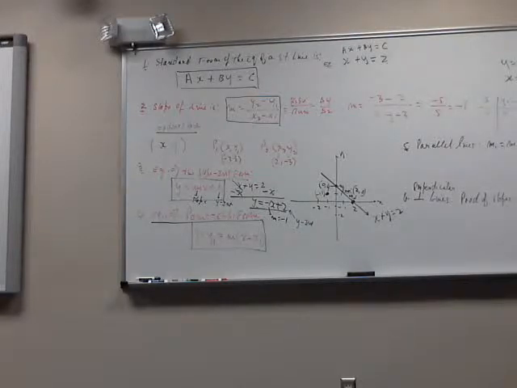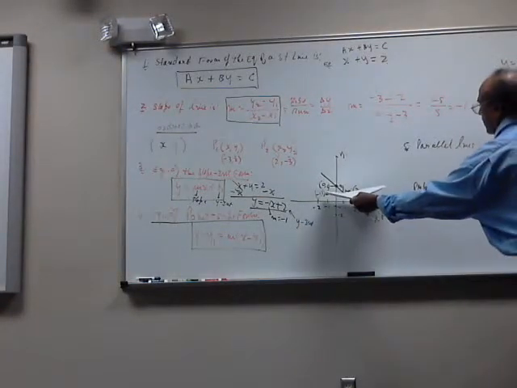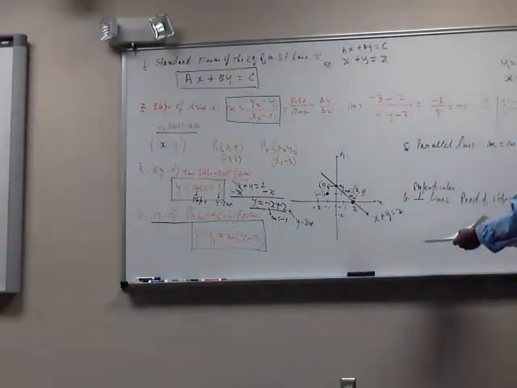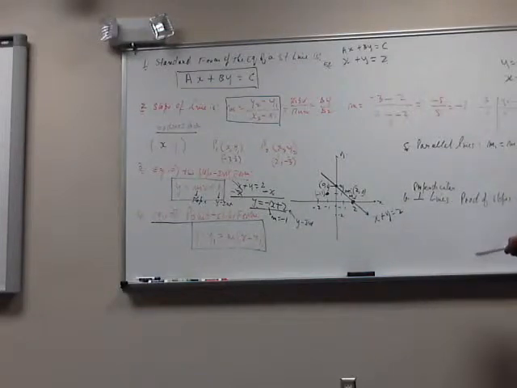We'll take y minus y sub 1 equal to, our equation is that, equal to minus 1 times x minus x sub 1. So our point here we're talking about is negative 1, plus 1. So this is x sub 1, this is y sub 1.